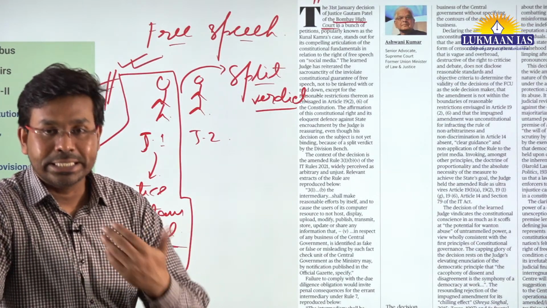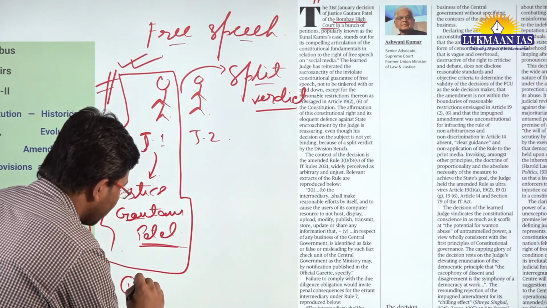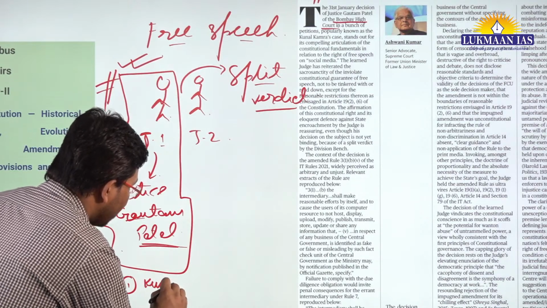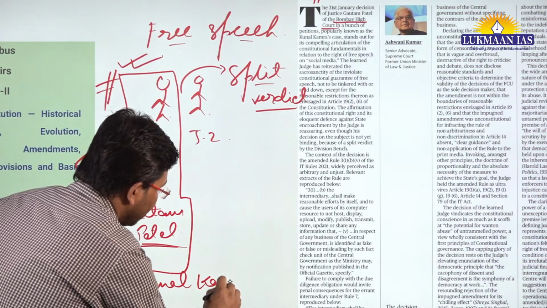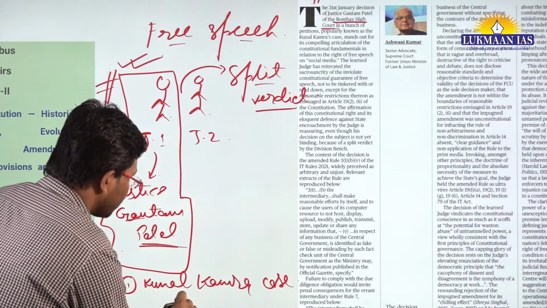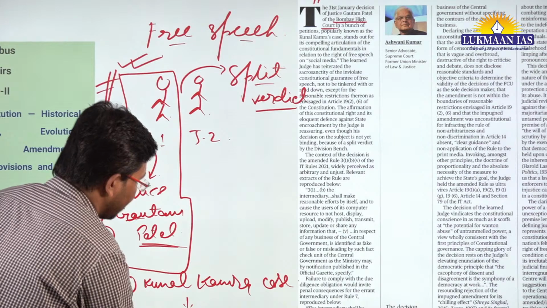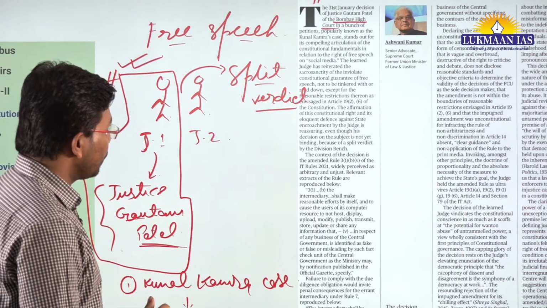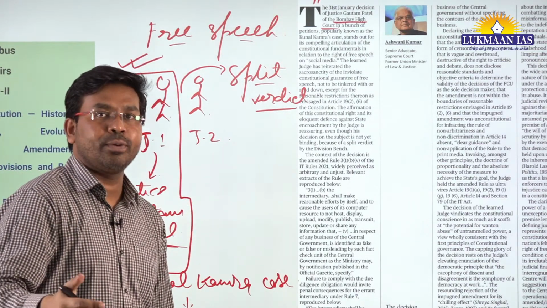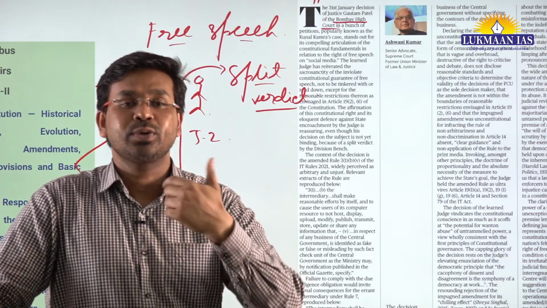Why? Because here the author talked about one case which is popularly known as the Kunal Kamra case. This has something to do with the fact check unit of the government of India. Long back, in 2021, the central government notified one unit which is known as the fact check unit.